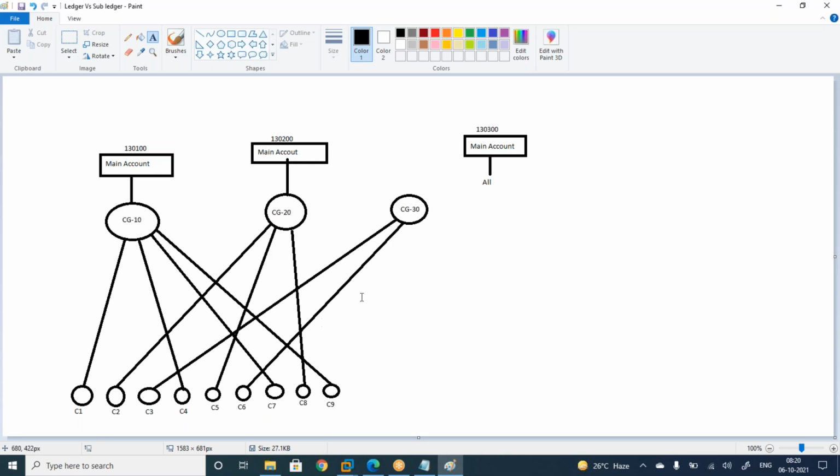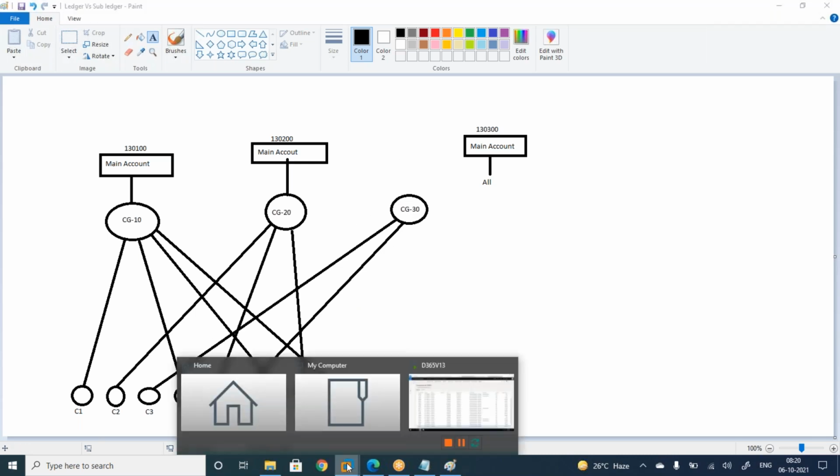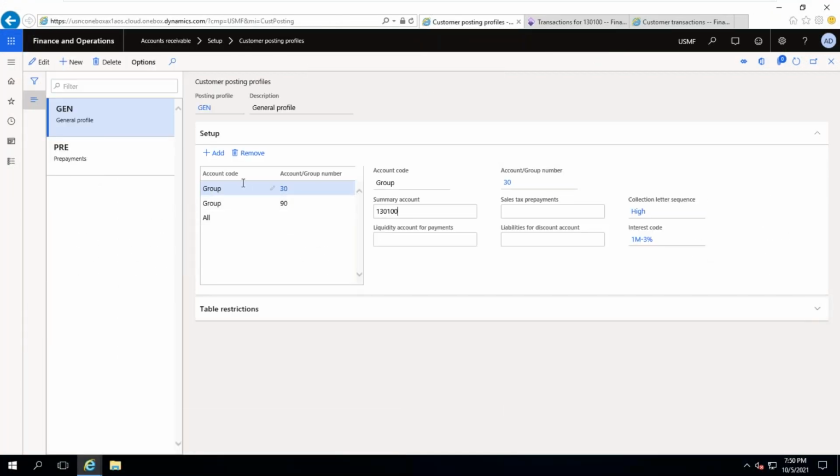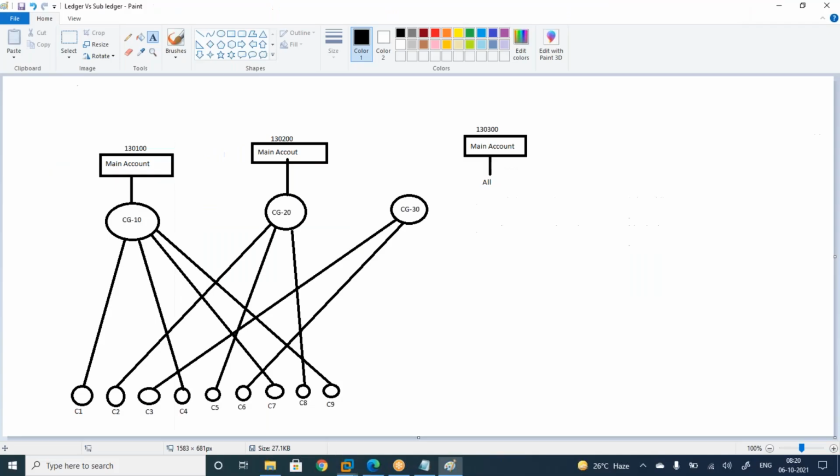Understood? Now, suppose this account is not mapped to any main account. In this example, suppose in our system, 20 group is not mapped to any account, then it will pick all the accounts, whatever the account is there, and that will be posted here. For all, it will post to this account, if any link is not mapped to the group.